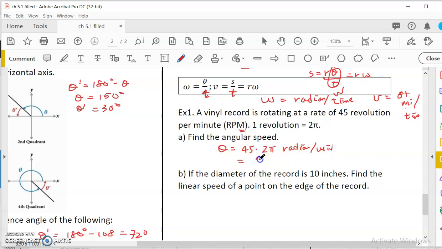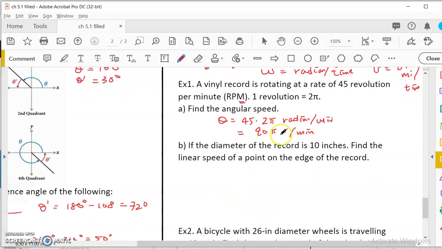So that would be 90 pi radians per minute. Sometimes it's kind of odd to say 90 pi radians per minute, so most people like to use revolutions per minute, RPM.